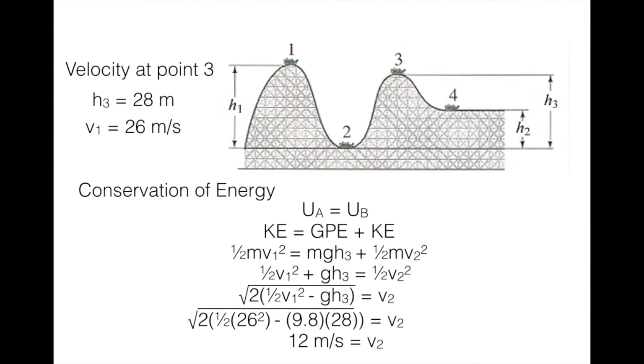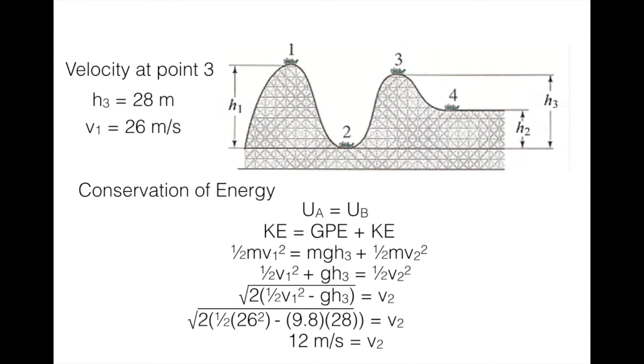So making the substitution again for their component parts, we have 1/2 mv1 squared, so that's the velocity we just found at point 2, is equal to mgh3, so that's the height at point 3, plus 1/2 mv2 squared, so that's the velocity that we're looking for. Again, the m's will cancel, so we have 1/2 v1 squared plus gh3 is equal to 1/2 v2 squared.